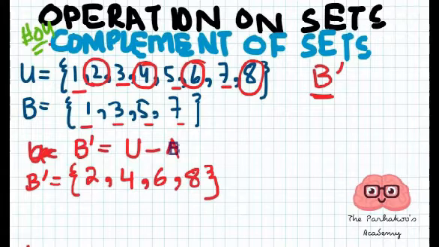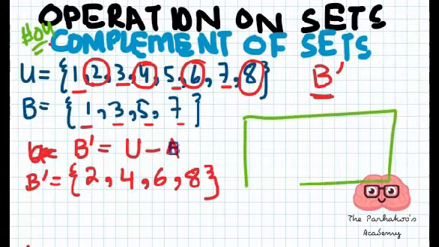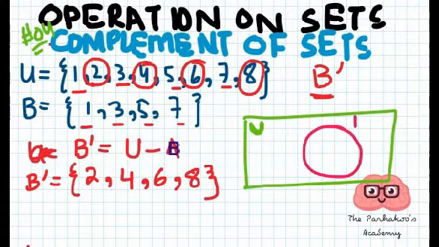Let's draw the Venn diagram in this case. So universal set goes in this rectangle. So this is our universal set. Inside universal set we have set B, which has all the common elements. 1 is common, and 3 is common, 5 is common, and 7 is common.